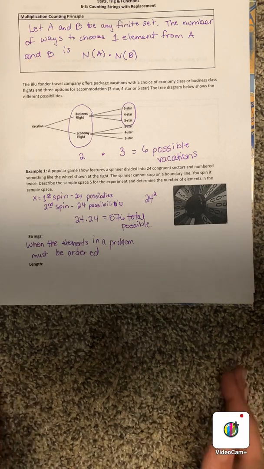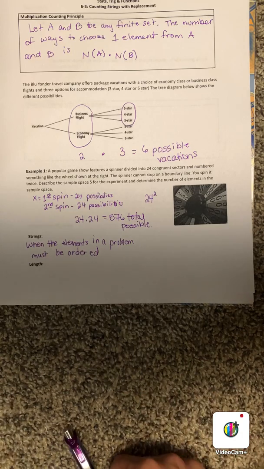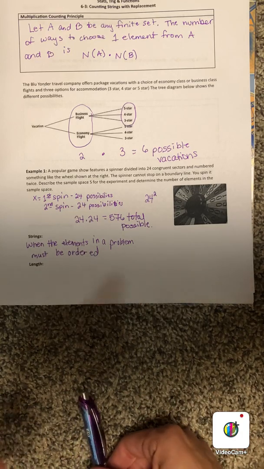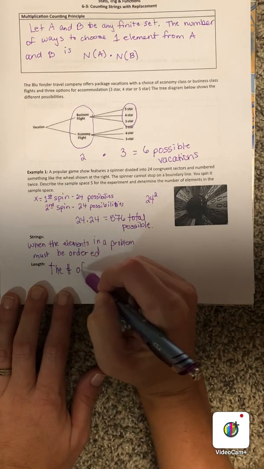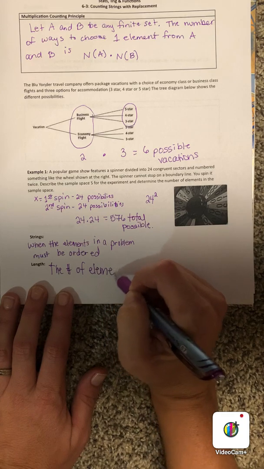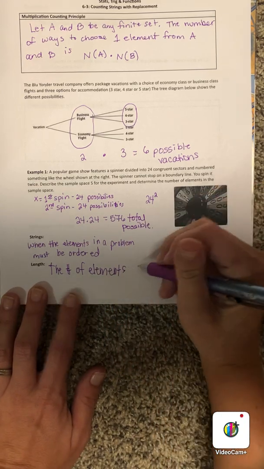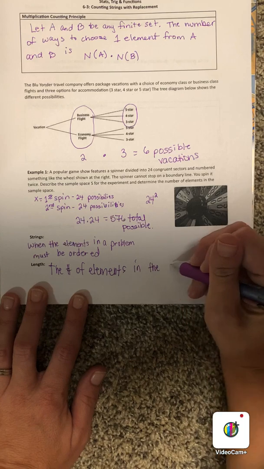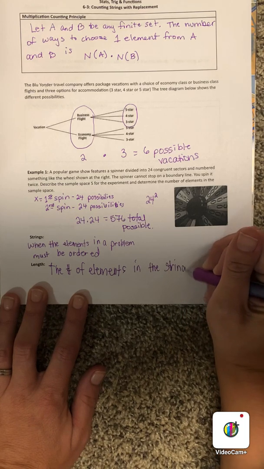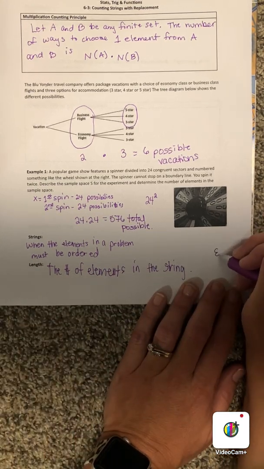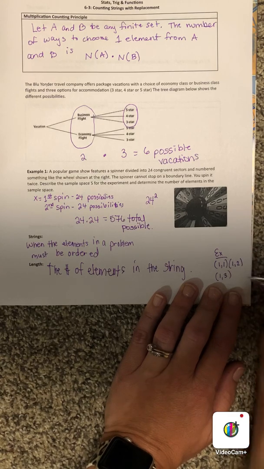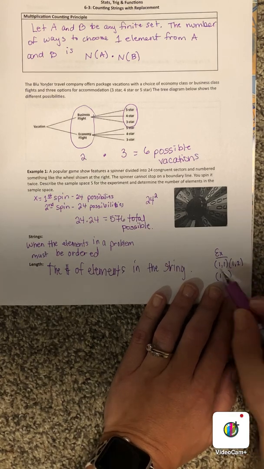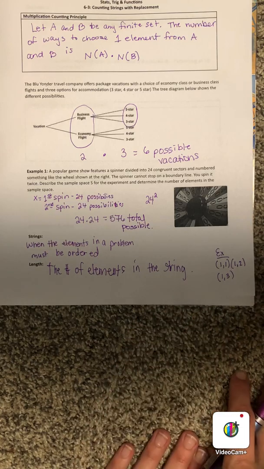That's a string. The order matters when we're ordering this. The length of the string is the number of elements in the string. So, for example, when we did the dice, 1, 1, 1, 2, 1, 3. These are all of my strings, and each one has a length of 2.